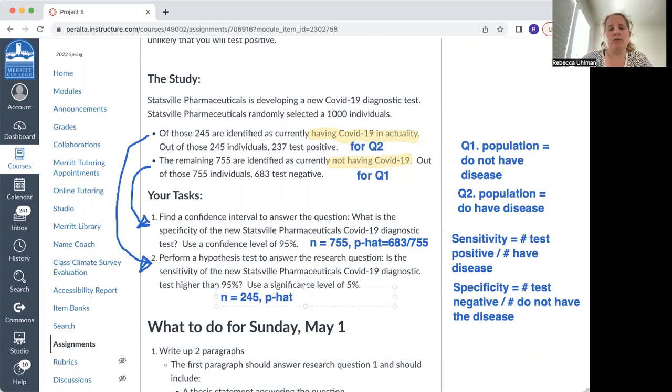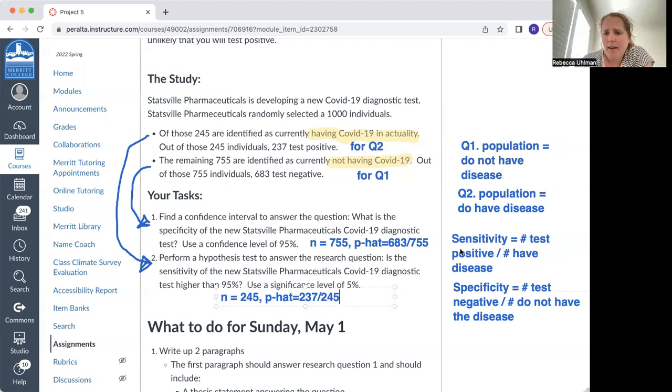Out of those 245, we had 237 test positive. So that would be our p hat. Your job essentially is to take this information and find the appropriate confidence interval or hypothesis test.